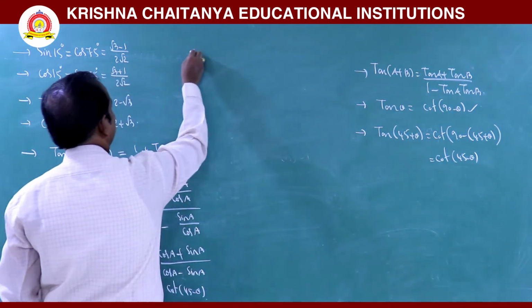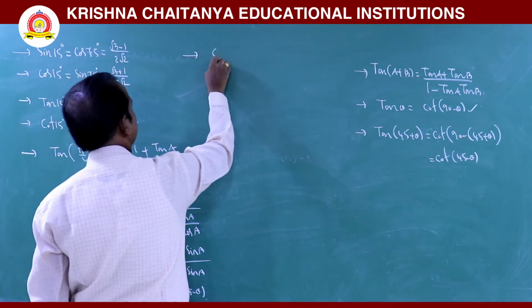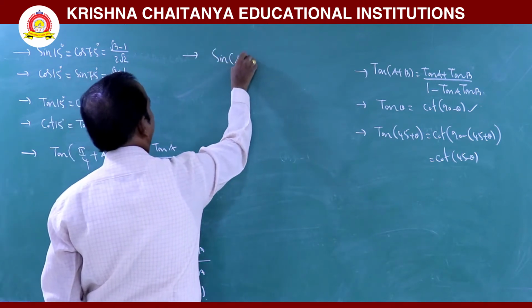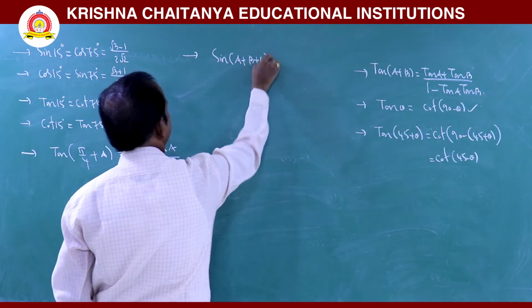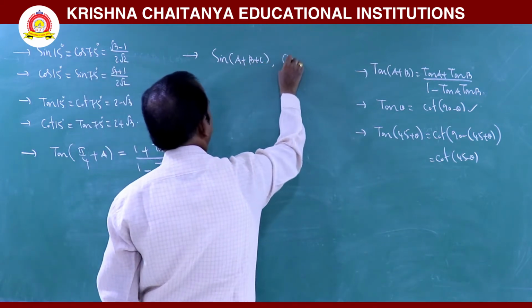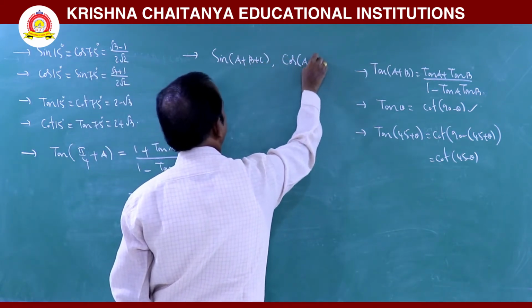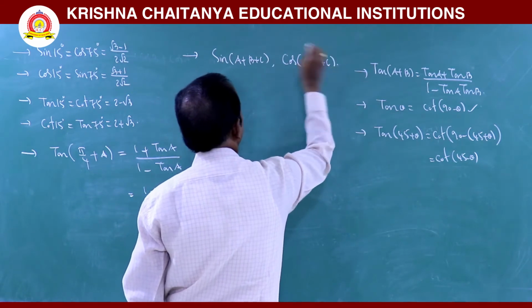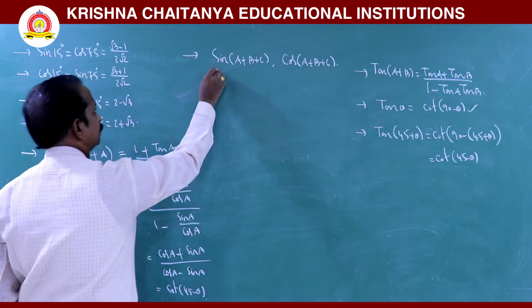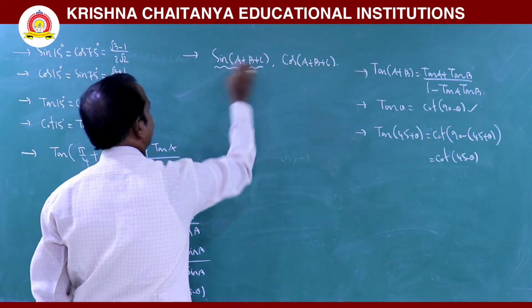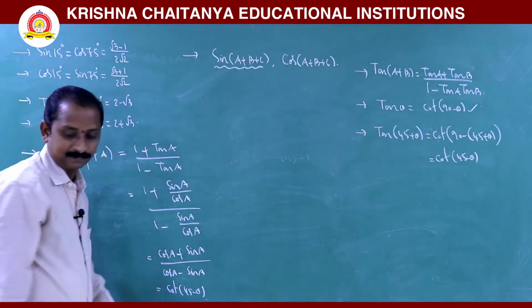And next we can derive the basics of sin of (A plus B plus C) and cos of (A plus B plus C). First we can derive the value of sin of (A plus B plus C).